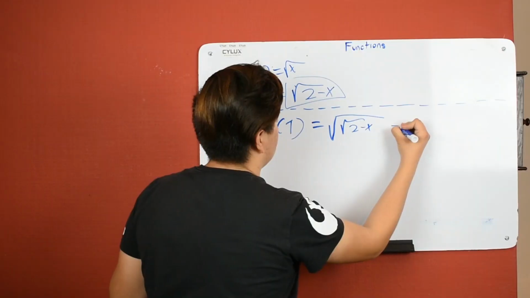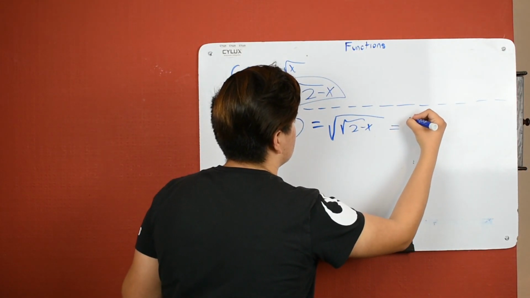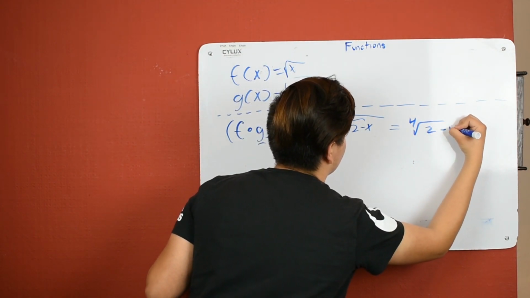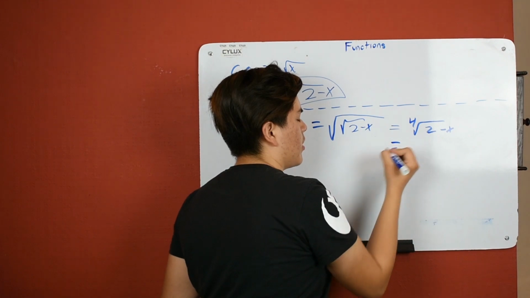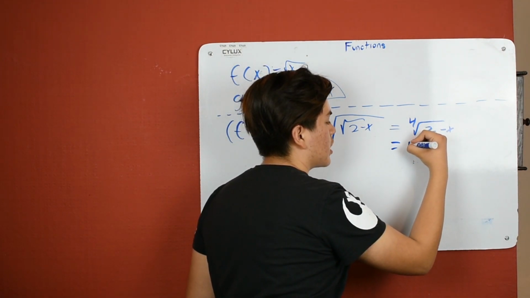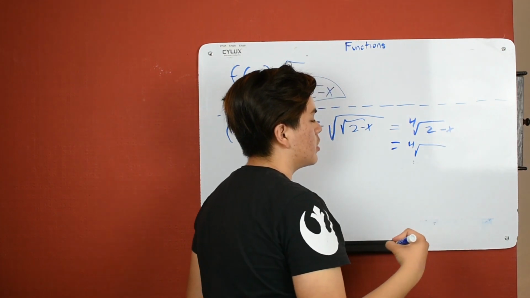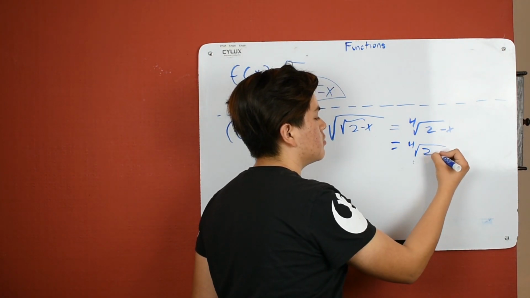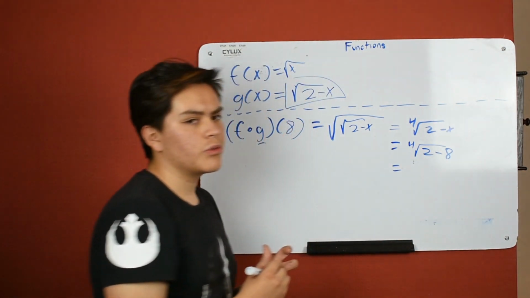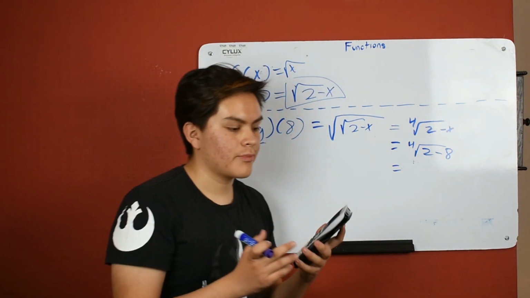The square root of 4 minus x... here we have to replace with 8. So we put again the square root of 4 and 2 minus 8. Put 8 and resolving in the calculator.